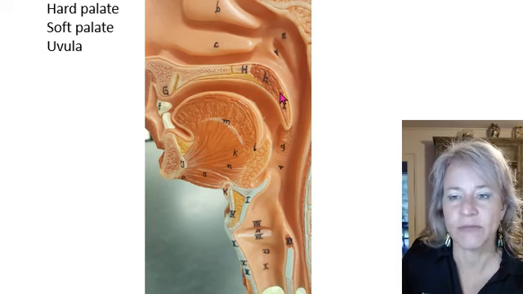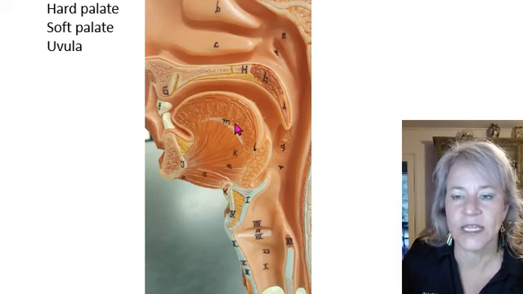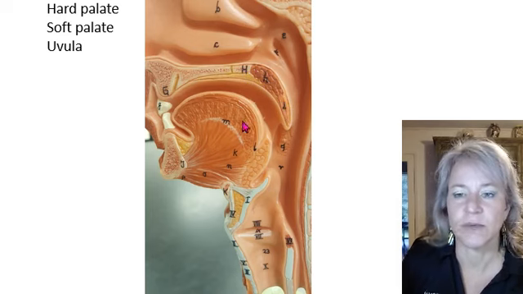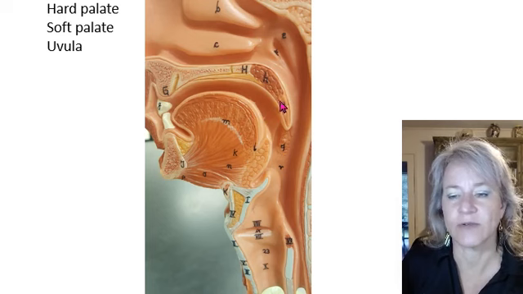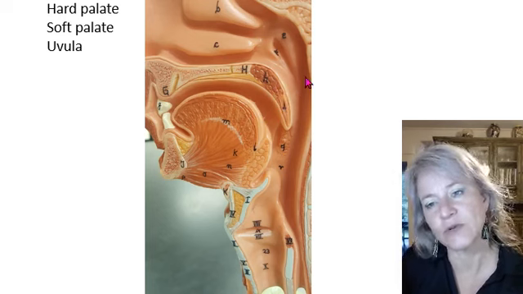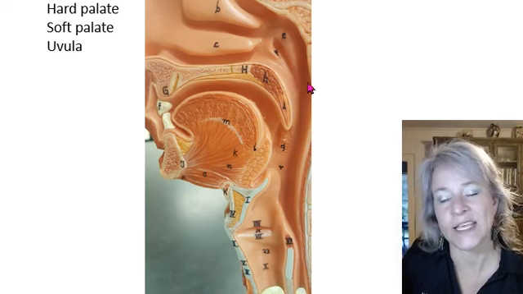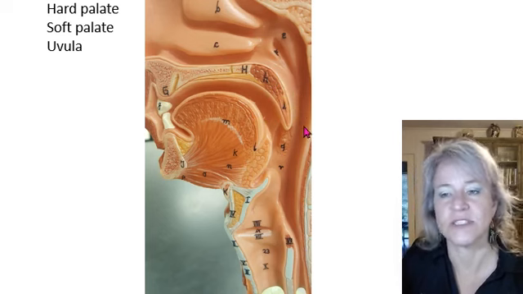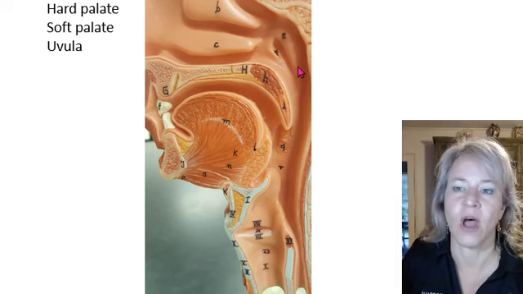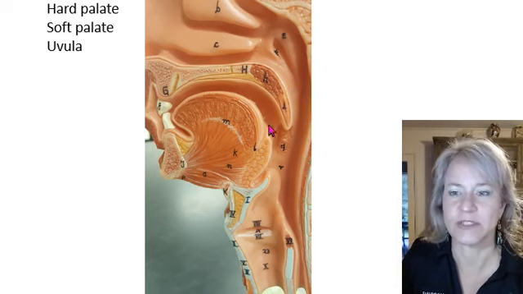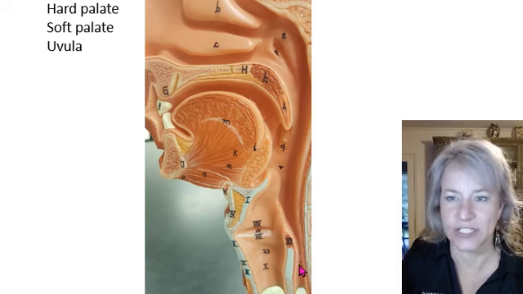Now the soft palate, this is what we push the food up against whenever we're going to swallow, and that soft palate closes this passageway when you swallow, so food doesn't go up the wrong direction. It's supposed to go down to your stomach.